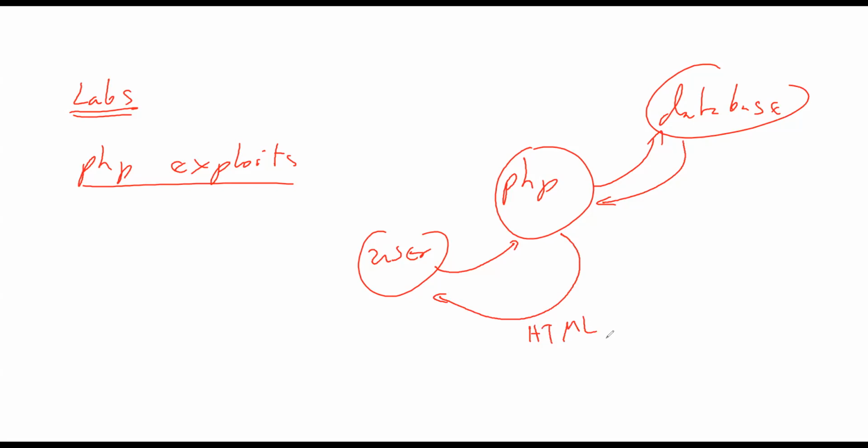So the script will generate as output an HTML file that the user will then open in their browser. They won't be able to see the code. So it's kind of a security mechanism in a sense, because you don't want people looking at your code, obviously.